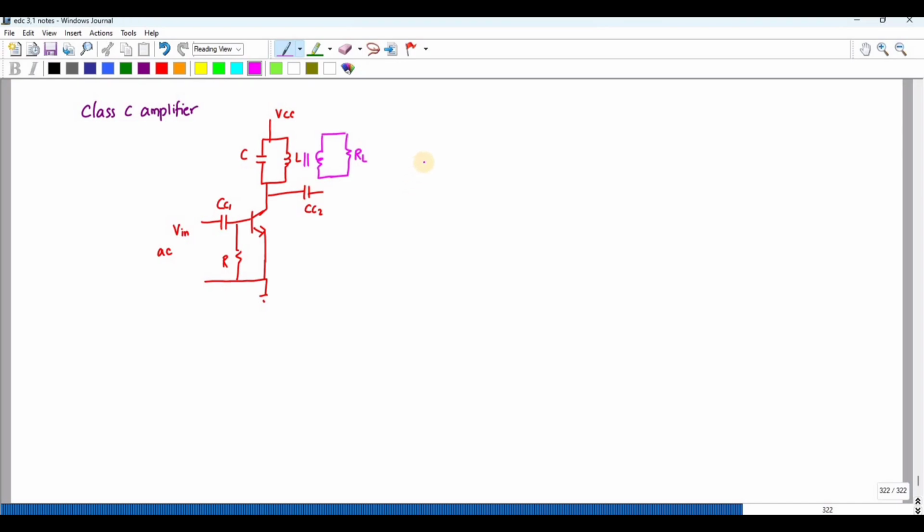So this Class C tuned amplifier is used for high frequency applications. Here instead of RC, that is collector resistance, I have used a tuned circuit. This LC is called a tuned circuit.